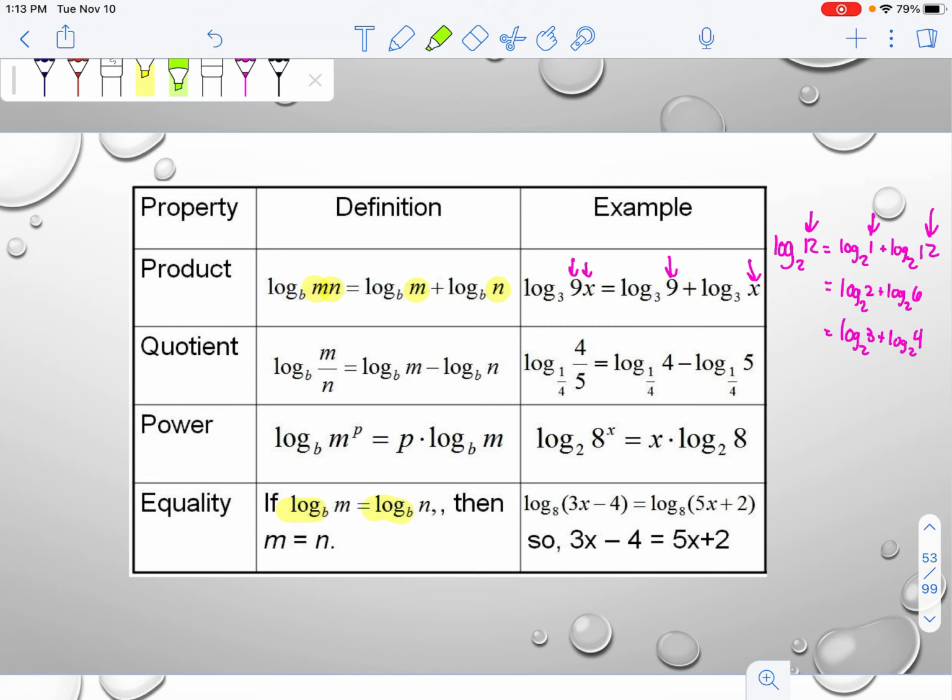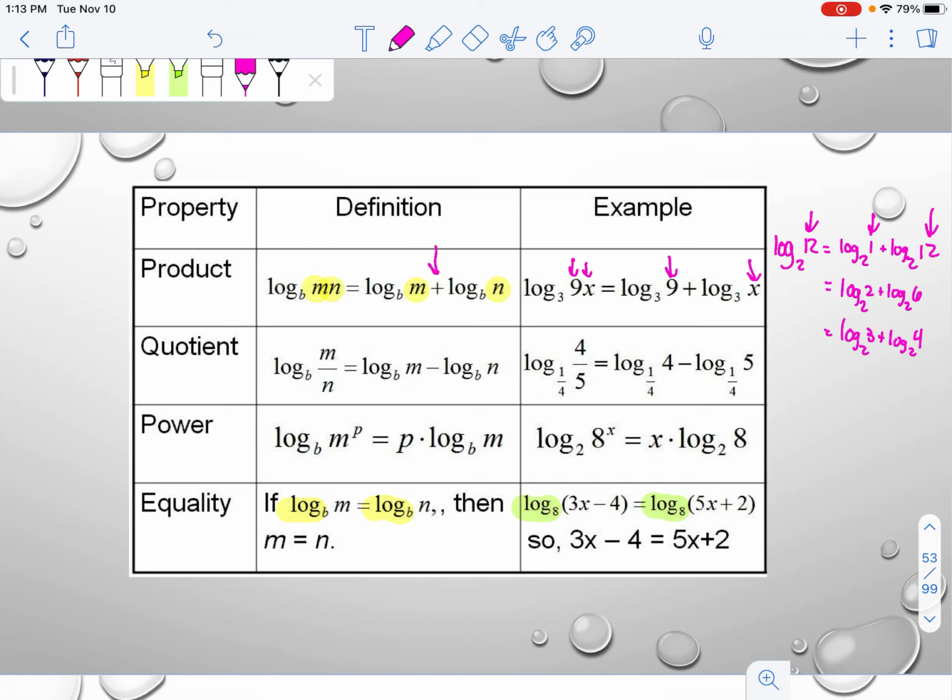In the example, it's pretty evident. Log base 8 of that equals log base 8 of that. If we throw the log base 8 away, you just set 3x minus 4 equal to 5x plus 2 and solve.